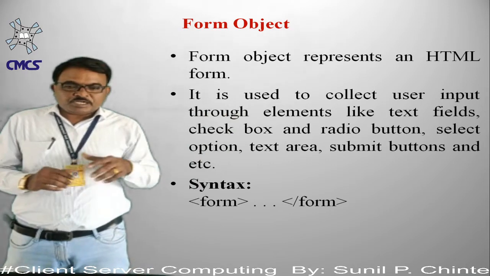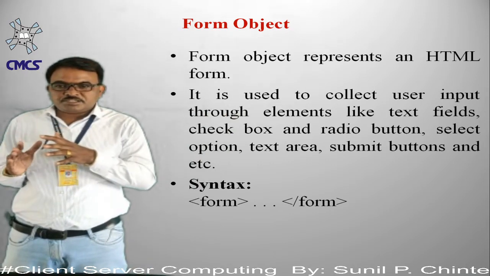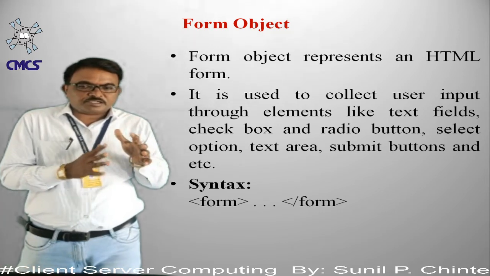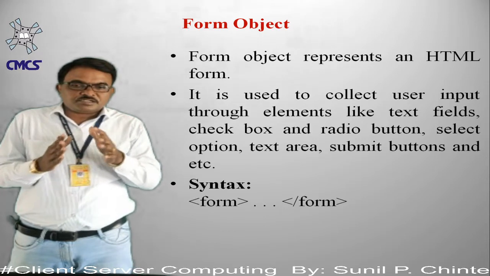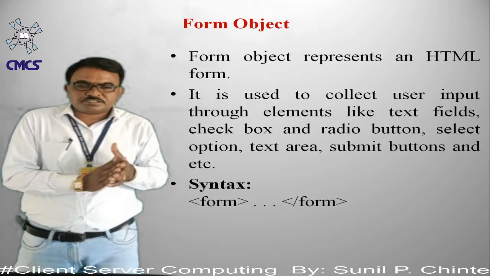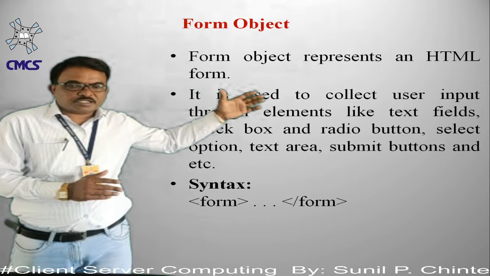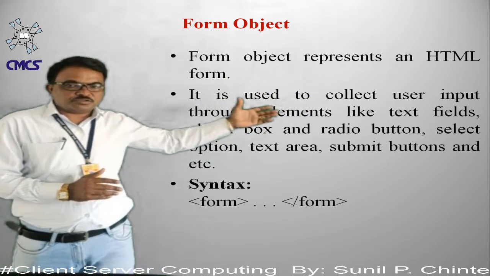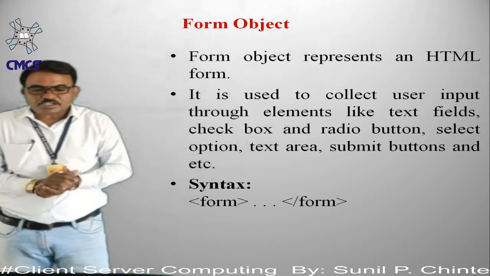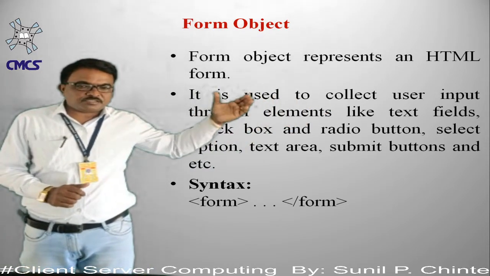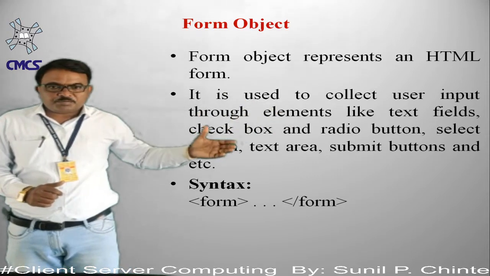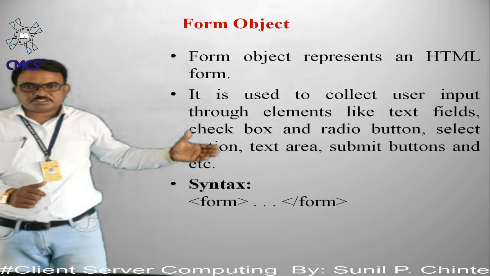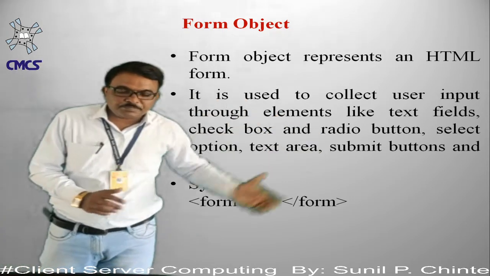I already discussed that in JavaScript everything is an object. Every element of the HTML works as an object. The form object represents an HTML form. It is used to collect user input through different elements like the text field, checkbox, radio buttons, select options, text area, submit elements.